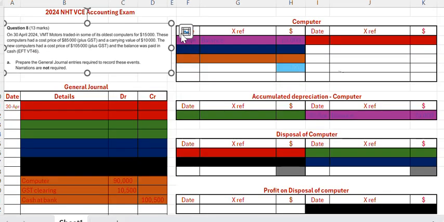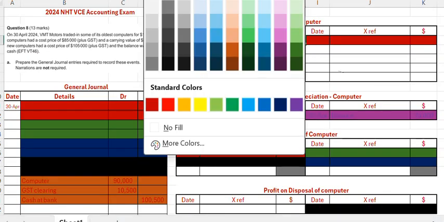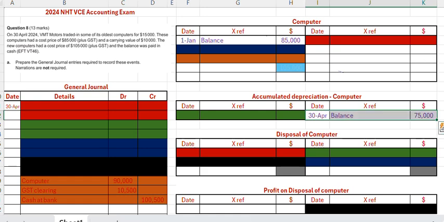So in our computer ledger, let's just show what that looks like. We've got an $85,000 balance there, and our ACDEP, as we've just calculated, also has that $75,000 value. So now we're ready for step one.